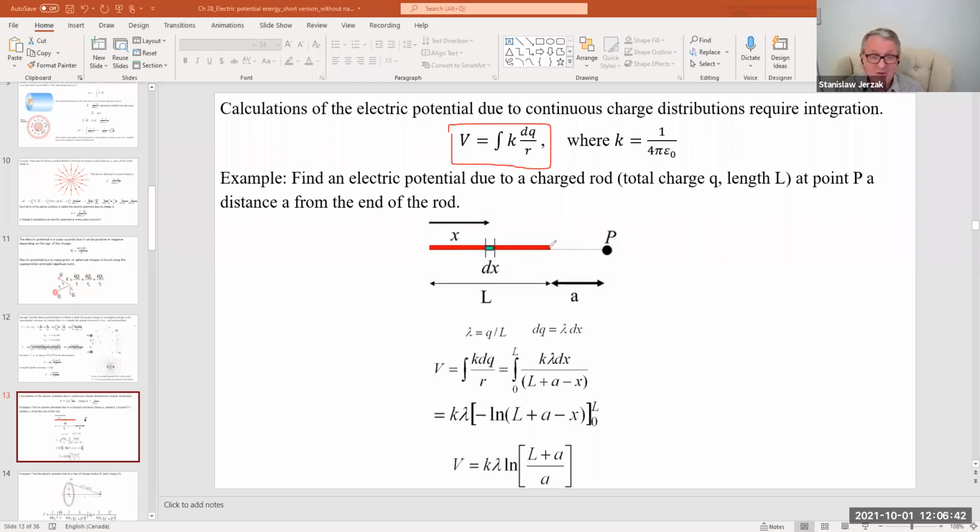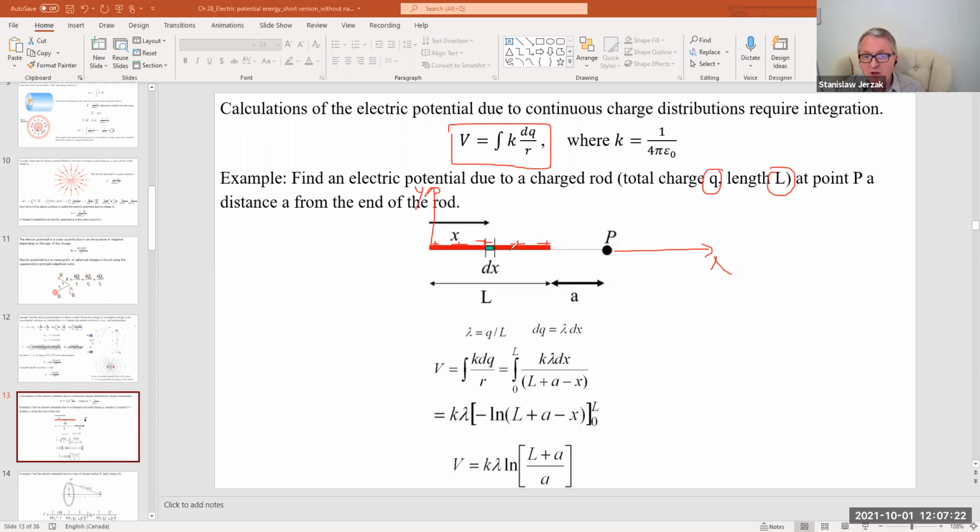The rod, actually we did this example in Physics 1801, but imagine that you have a rod which is positively charged. The charge is uniformly distributed on that rod, the total charge on the rod is Q, and the length of the rod is L. But I want to calculate electric potential at point P. Let's say this is my x-axis, and this is my y direction.